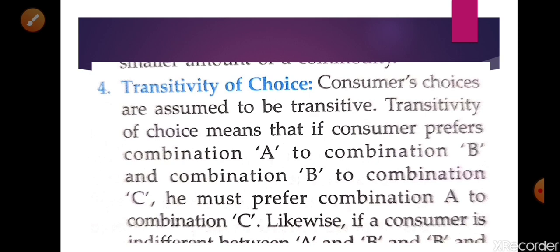So combination A to combination B and combination B to combination C, he can have different combinations of these two goods, and he will try one after another. He will not stay on the first one. That is necessary for indifference curve analysis. If the consumer is satisfied only with the first combination, then the indifference curve is not possible.